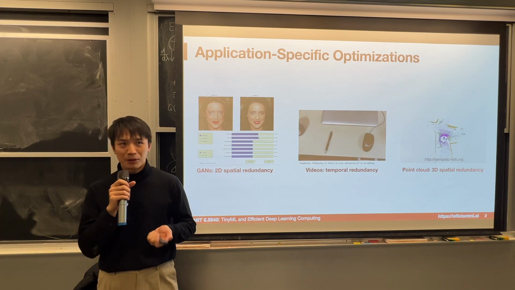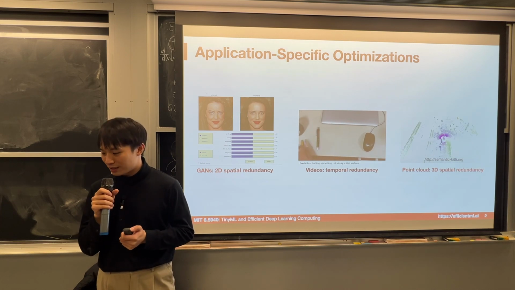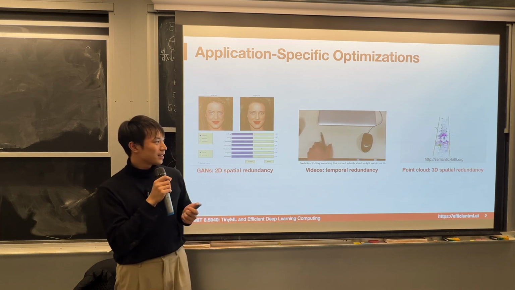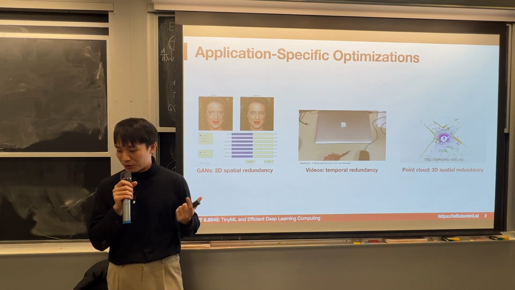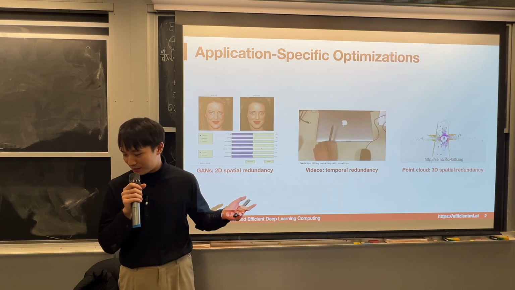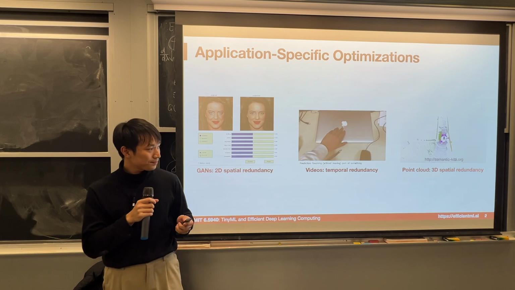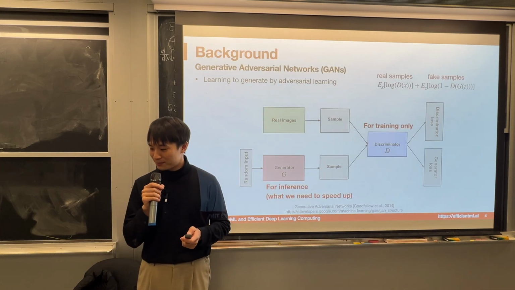At the same time, we also have a lot of application-specific optimization opportunities. That is what we are going to cover in this lecture. It will be three parts. The first is GANs for image generation, the second is video recognition, and the third is point cloud processing. So let's first start with efficient GANs.